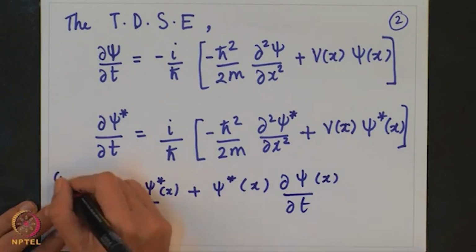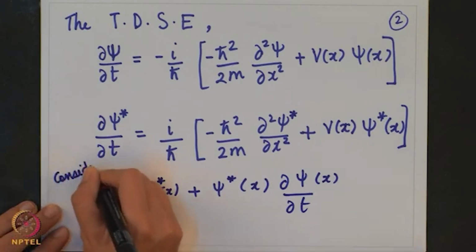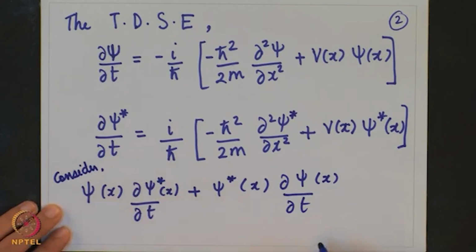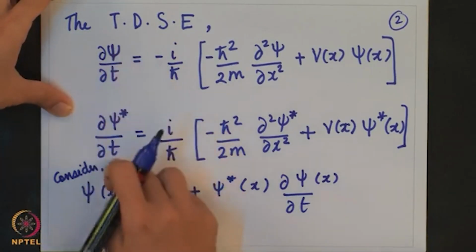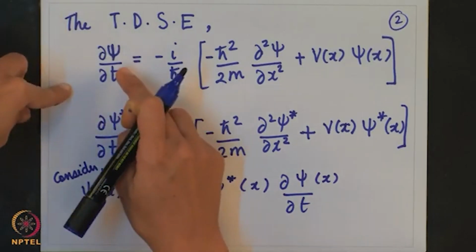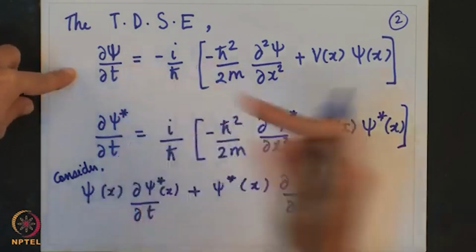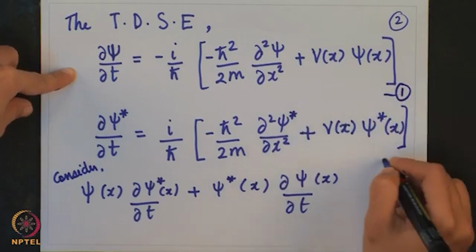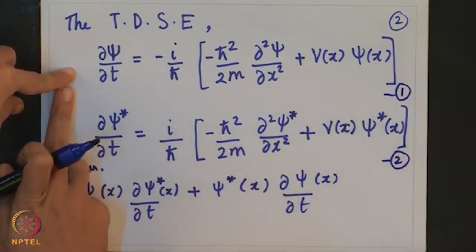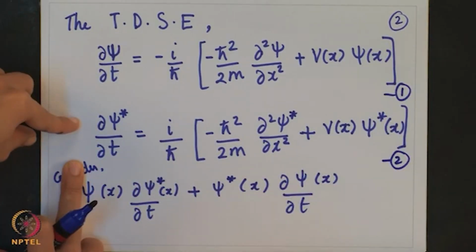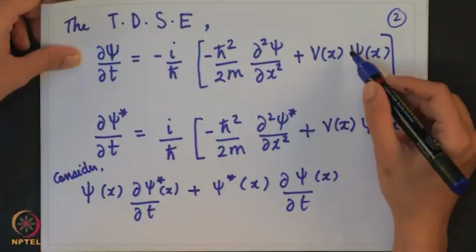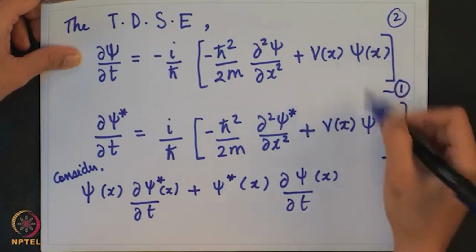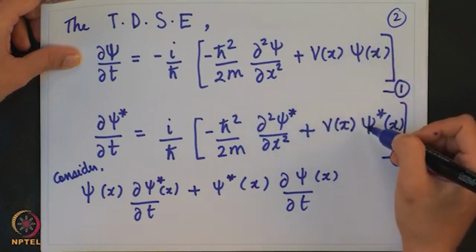So when you multiply the first equation by psi star and the second equation by psi, the potential terms will get cancelled.